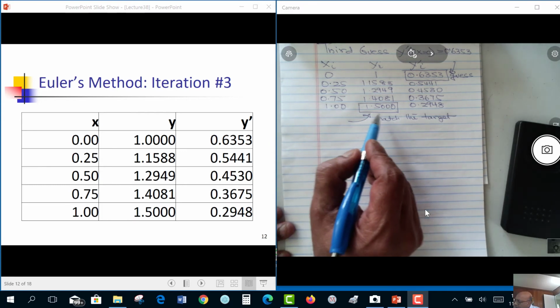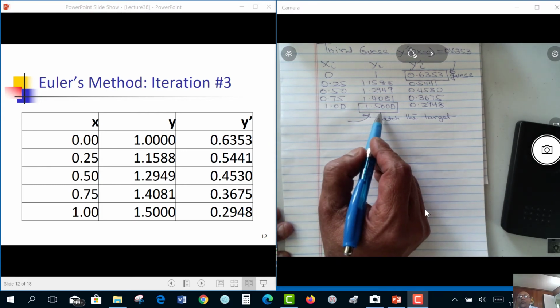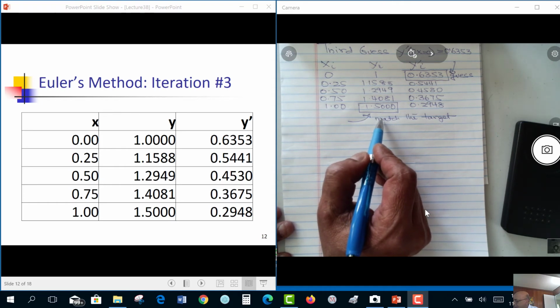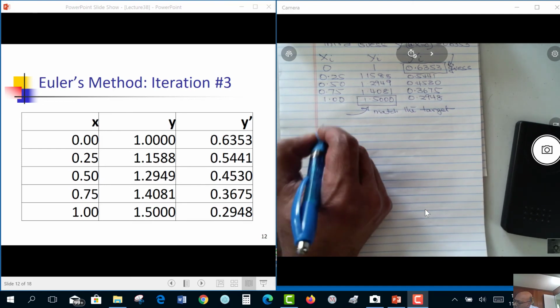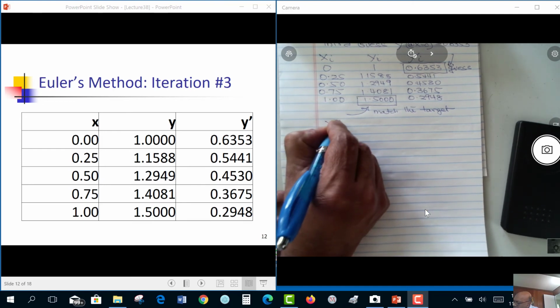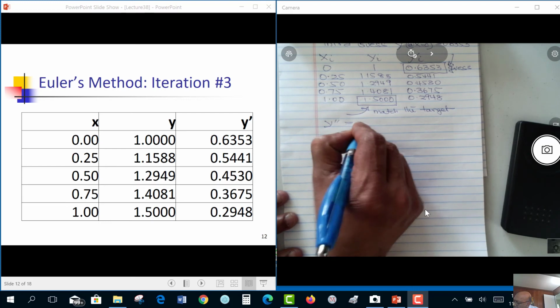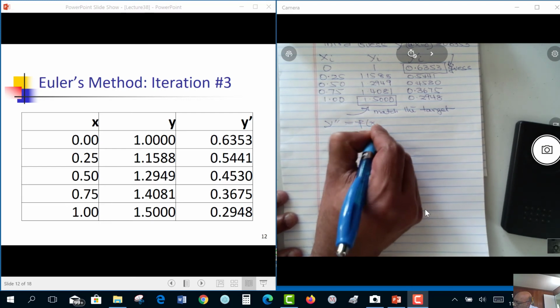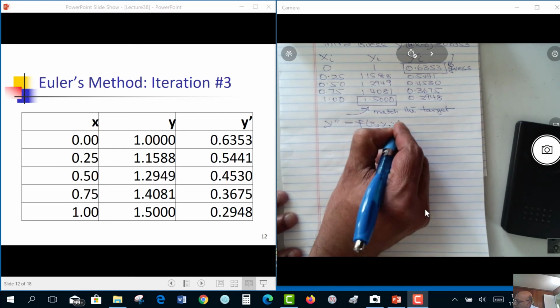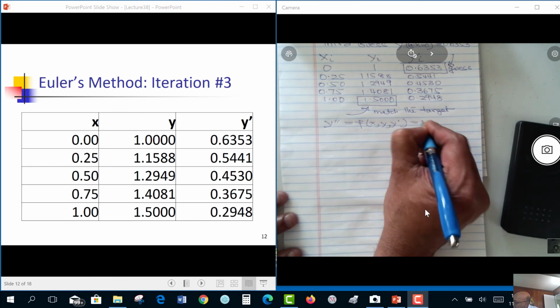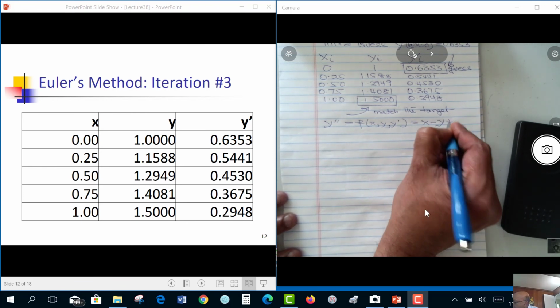Okay, so you saw that actually secant method took only one iteration to get to our ideal guess value to match the target. Now it turns out that the equation we were solving, y double prime, is a function of x, y, y prime, which was x minus y plus y prime.